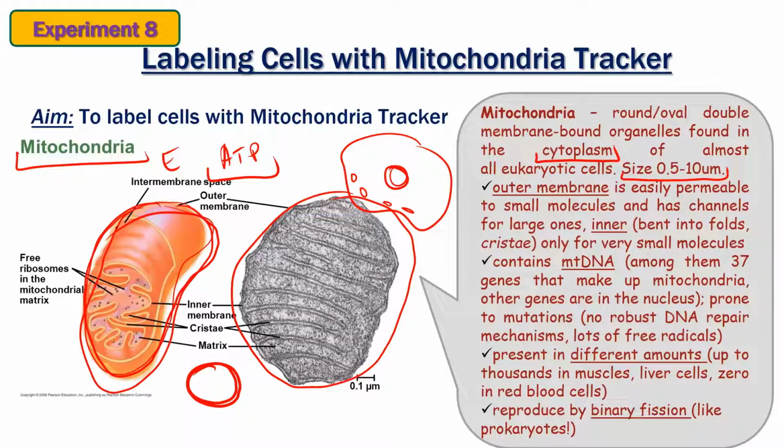Okay, so as in usual prokaryotes, they have the outer membrane and the inner membrane. Between these two membranes, we have the electric potential, which means that they have different electric charges. So one side is positive, another side is negative.